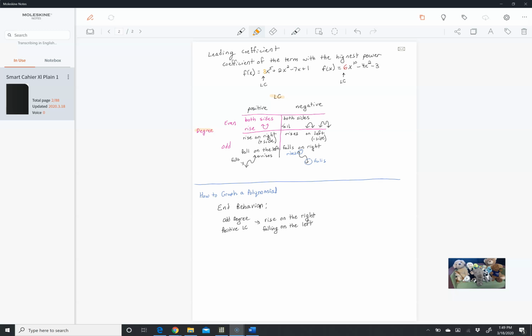Okay, here's the thing though, this is not a nice way of writing it. It's wordy, and in math we do usually prefer symbols. So when we talk about going right and left, we're talking about the x values. So going right and left means x values.